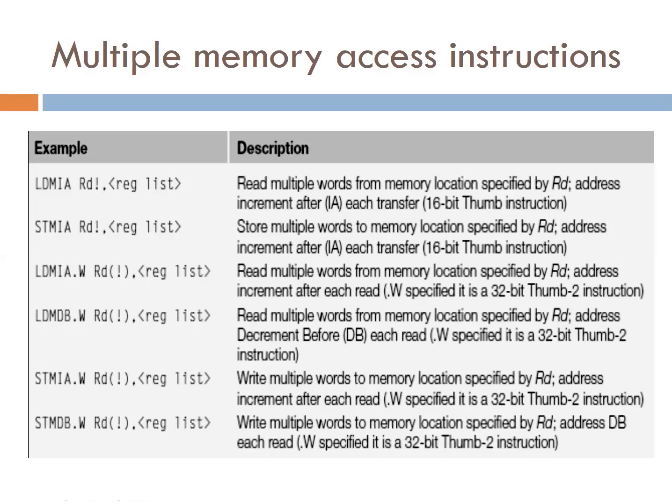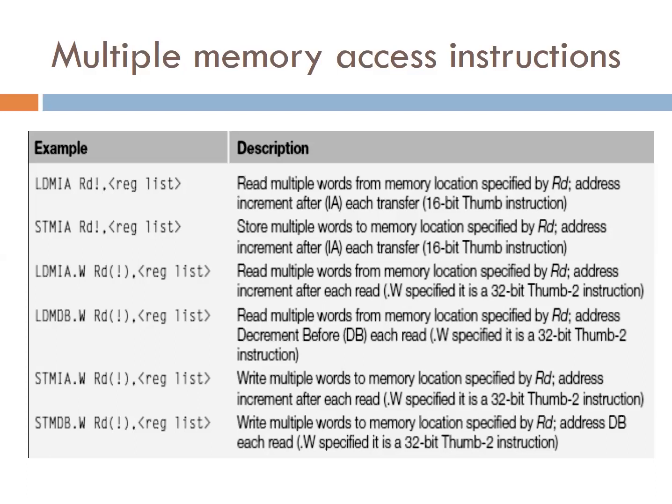So we have 3 different types of instruction set. One is the 16-bit thumb instruction set. Then you have the ARM instruction set, 32-bit. Next you have the thumb 2 instruction set. In thumb 2, you can have either a 16-bit representation or a 32-bit representation.